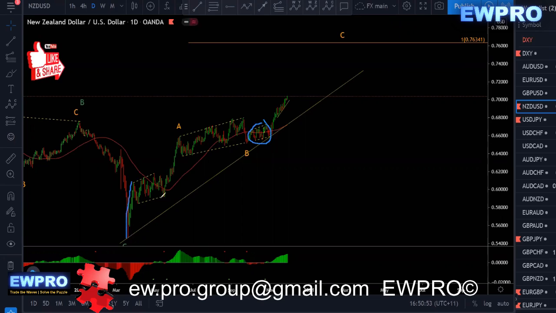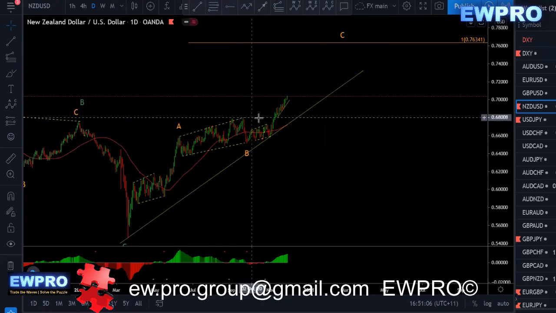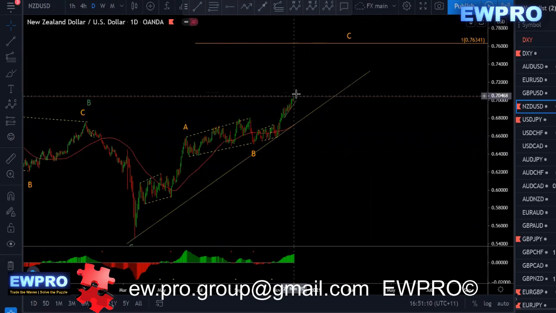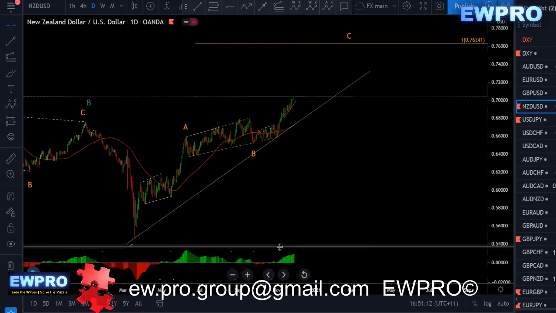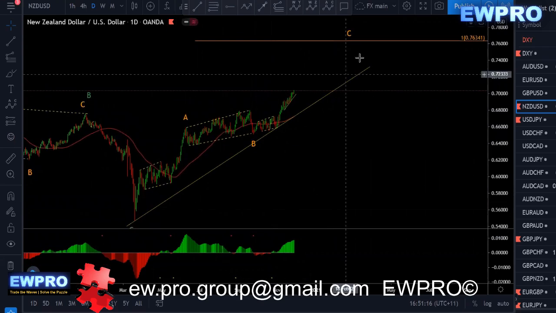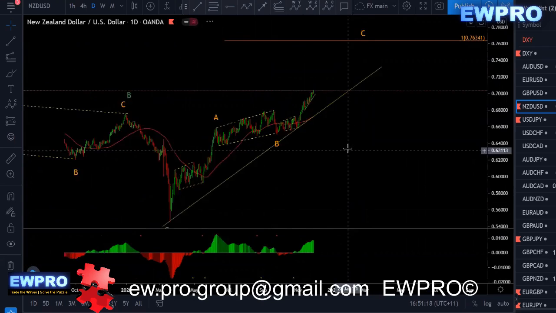We had 1, 2, 3, 4, 5 up, and I was looking for an A, B, C. We didn't get that in here, so I've had to change this count, as this is the larger correction, and we're getting that C up now. We will get divergence, like we are getting divergence. Whether it gets to this 100 fib or not, we don't know.